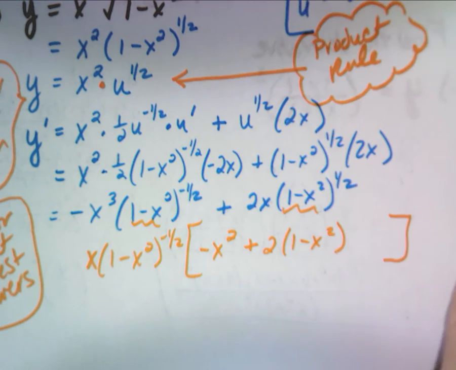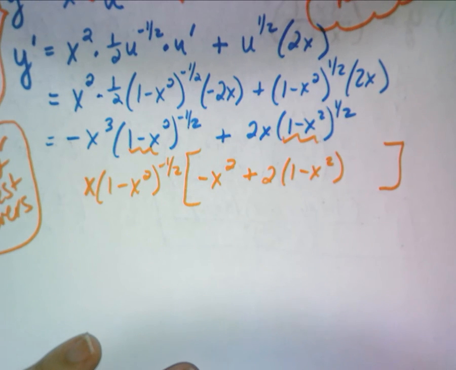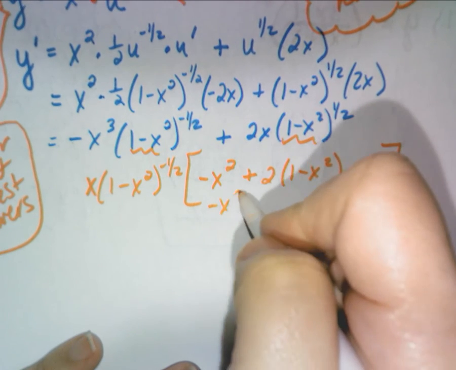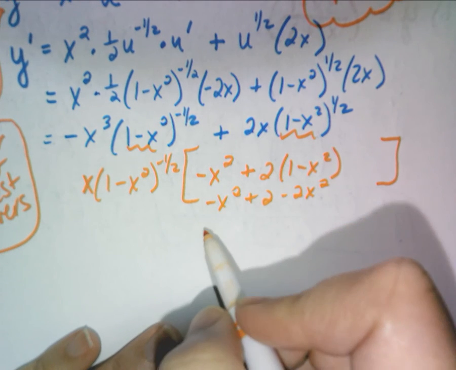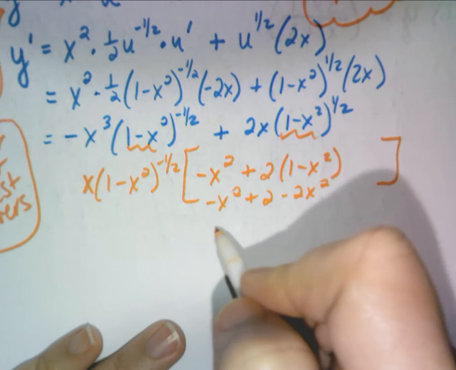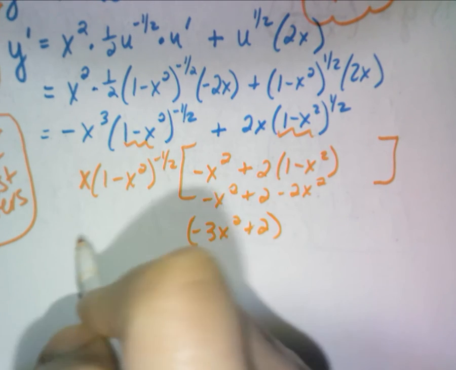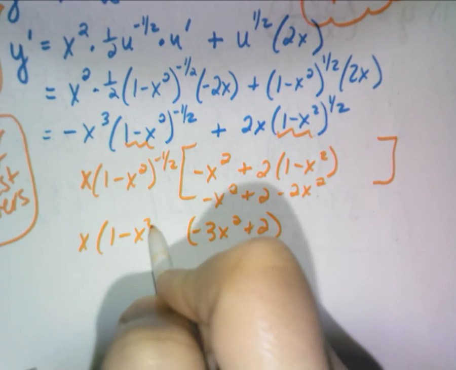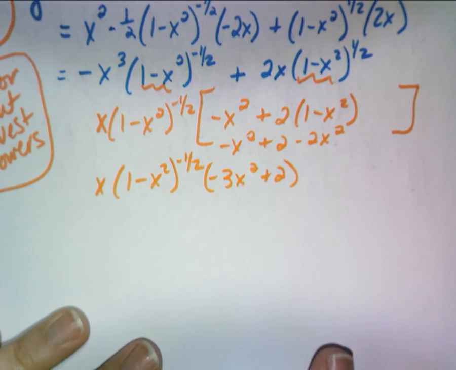And then again, it's simple algebra. Cleaning up: negative x squared plus 2 minus 2x squared becomes negative 3x squared plus 2. You have this x, you have this 1 minus x squared to the negative 1/2.